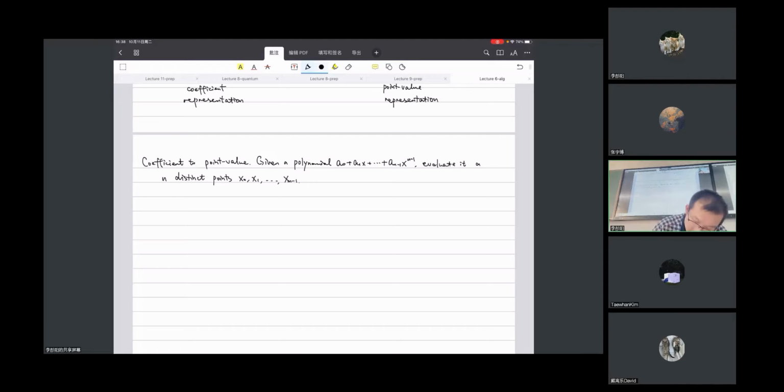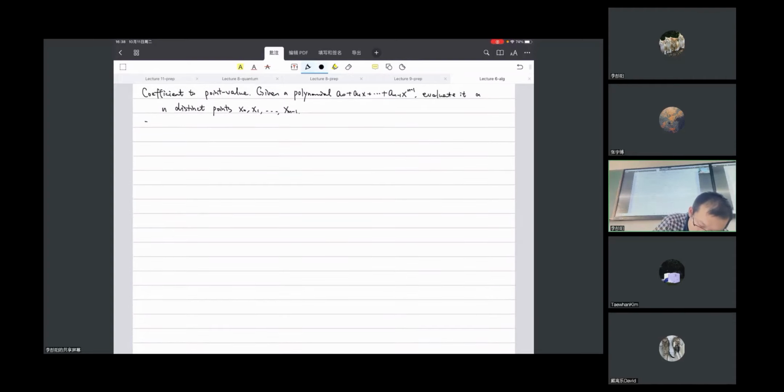So basically, it is something like this. We are always going to represent the function values by y's. Here we are computing a linear map. We have the coefficients A0, A1 until A_{n-1}.